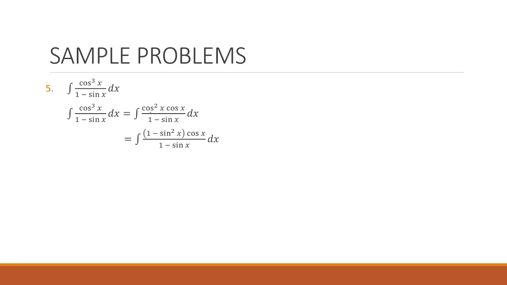Okay, this is from Pythagorean identity class. Cosine squared x equals 1 minus sine squared x. And this expression, 1 minus sine squared x, is a difference of 2 squares. Okay, so it's factorable. The factors are 1 minus sine x and 1 plus sine x. So here we can now cancel out 1 minus sine x so that we are left with 1 plus sine x cos x dx.